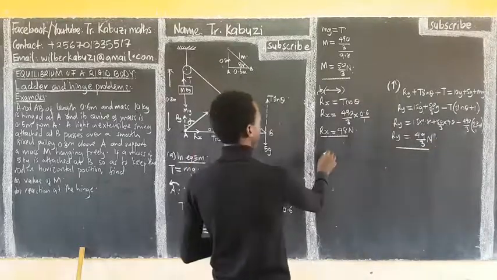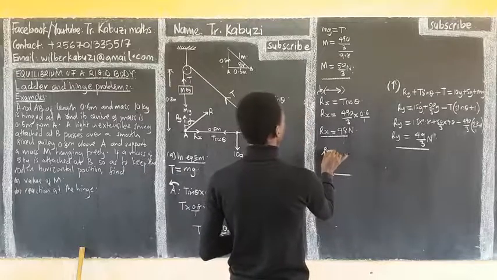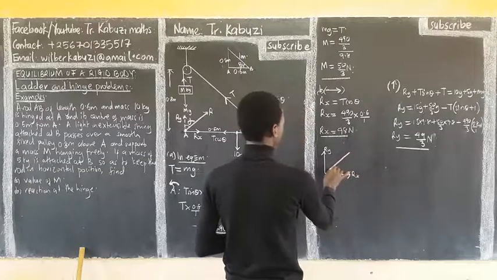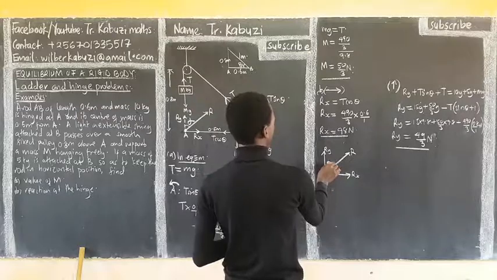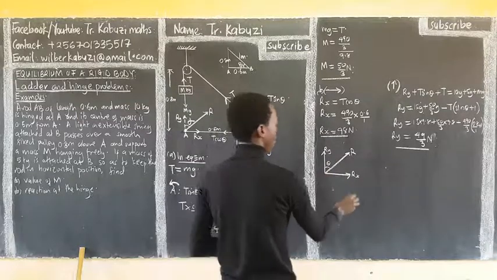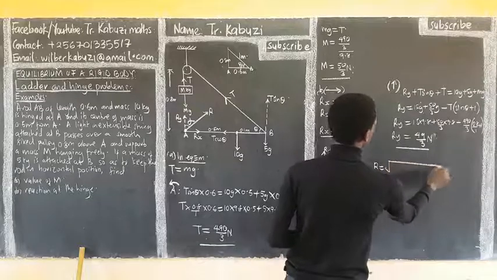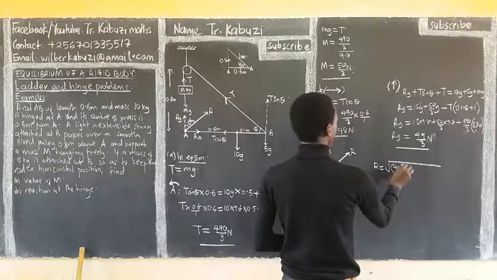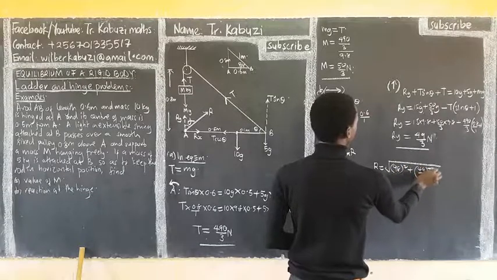So when you come to our sketch there, you see this is our Ry, this is our Rx, then we set our R there. Meaning that our R is going to be the square root of 98 squared plus 49 over 3 squared.